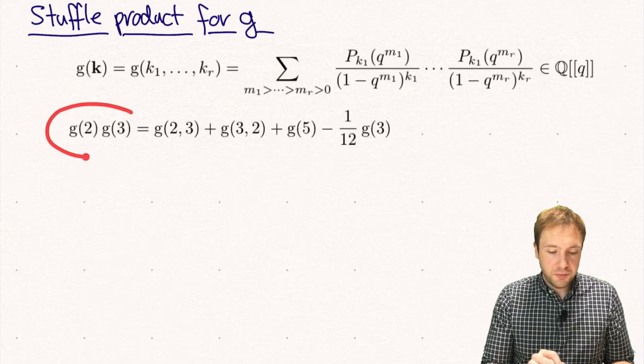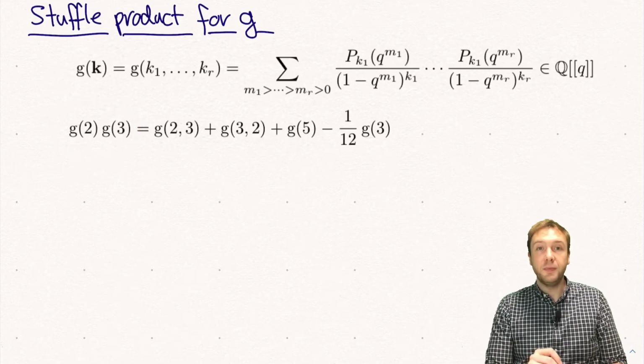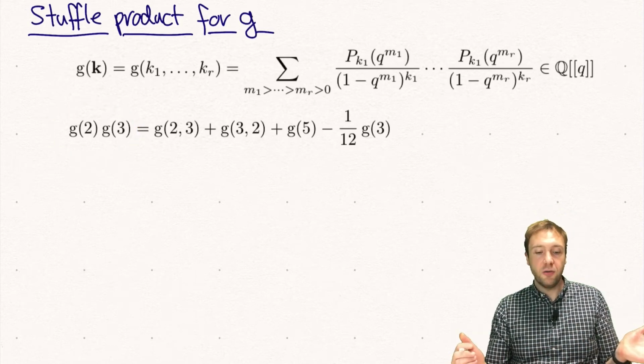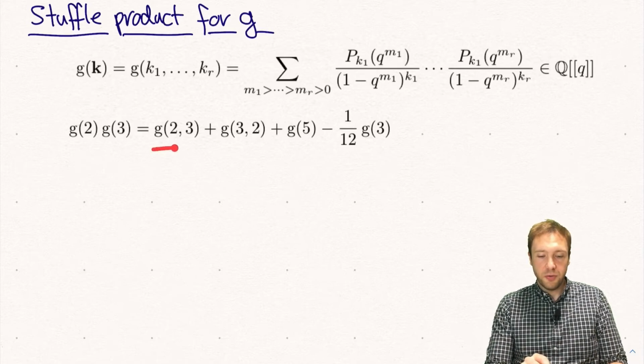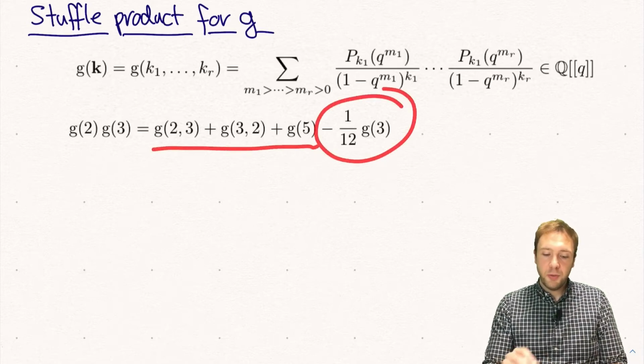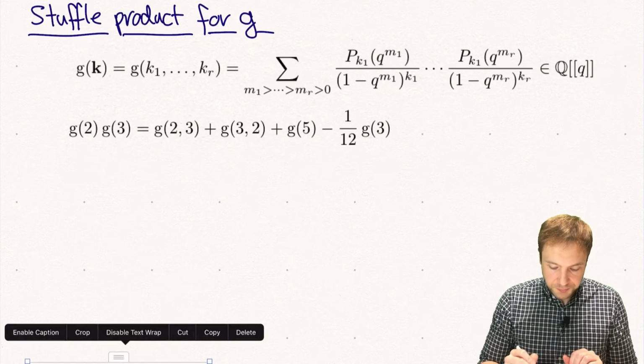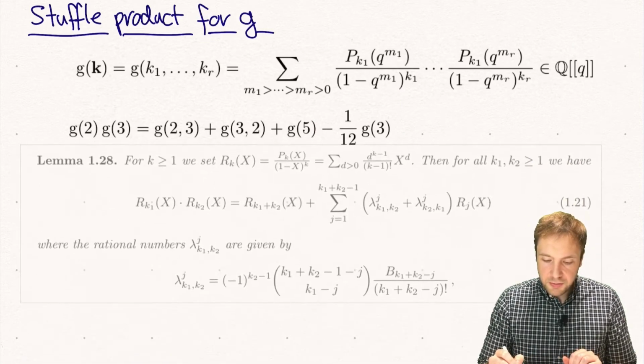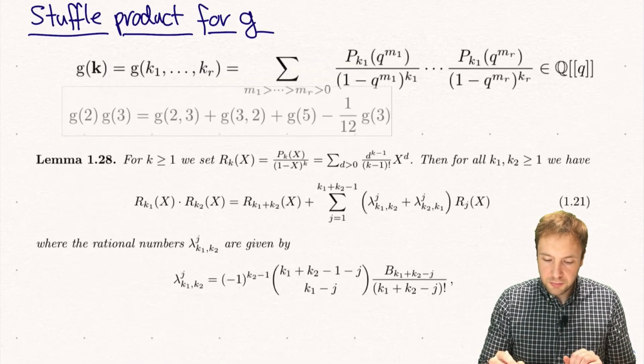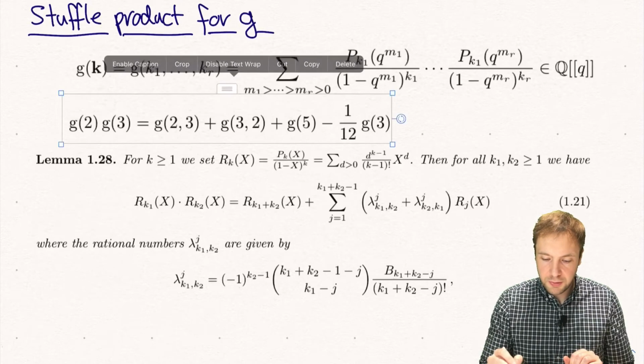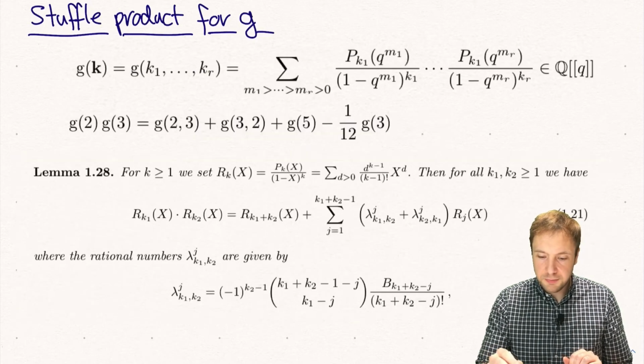And we saw that, for example, if we multiply two of them in depth 1, we again get a linear combination of them which looked similar to the Schaffer product, but we also had smaller terms here. And this was a consequence of this lemma here.